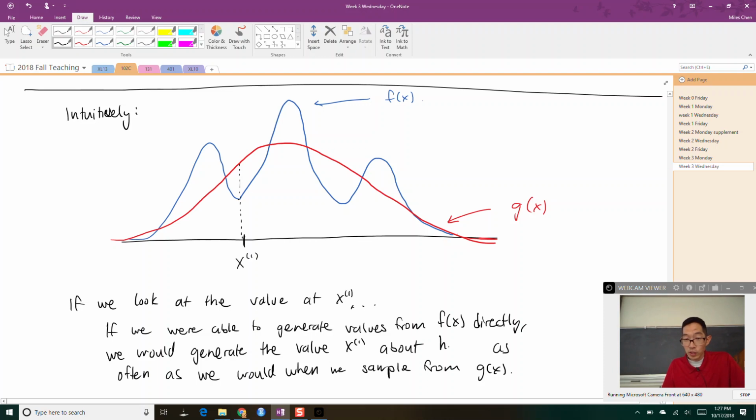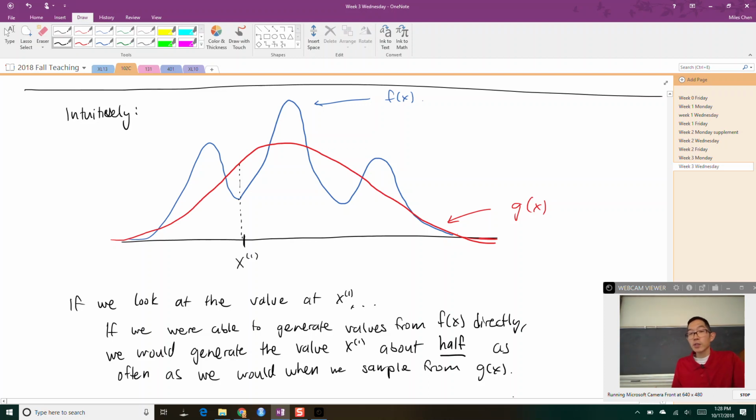So if we were able to generate from f of x directly, we would generate these values of x1 about half as often as we do under g of x. So by using g of x instead of f of x, I'm getting twice as many x1s as I should.